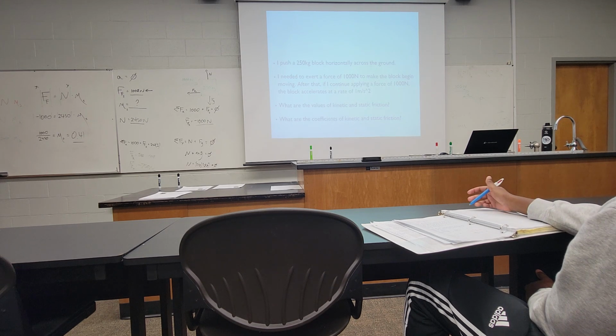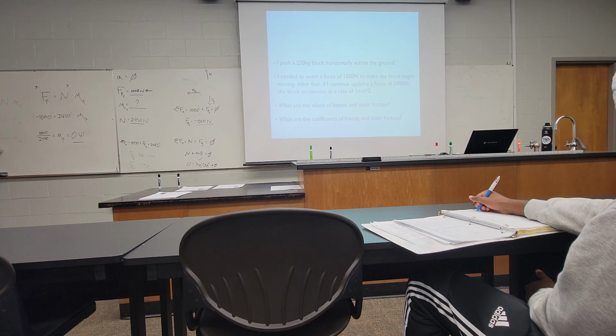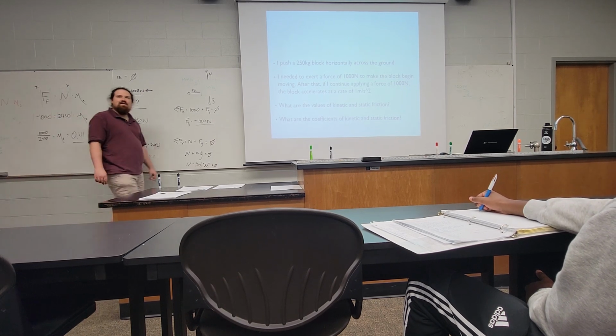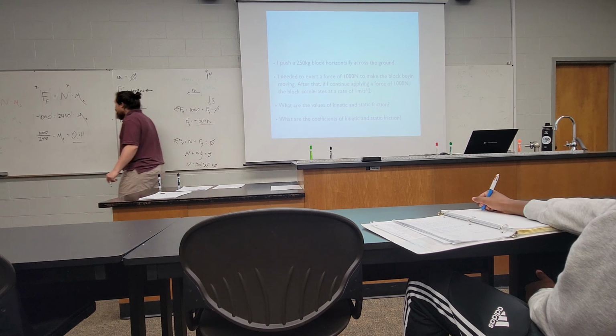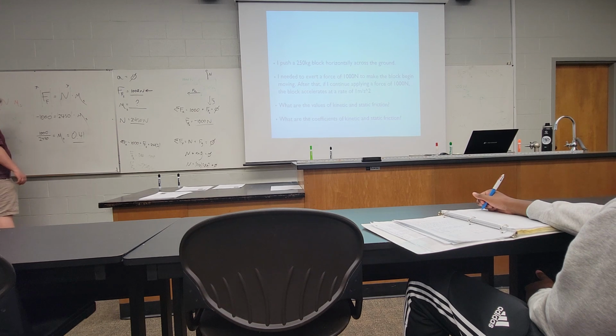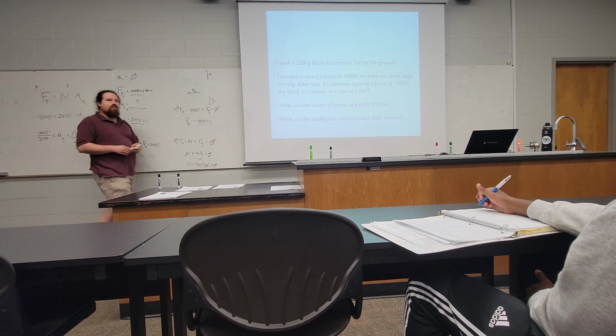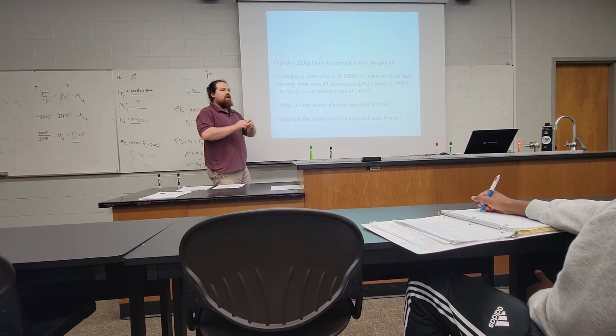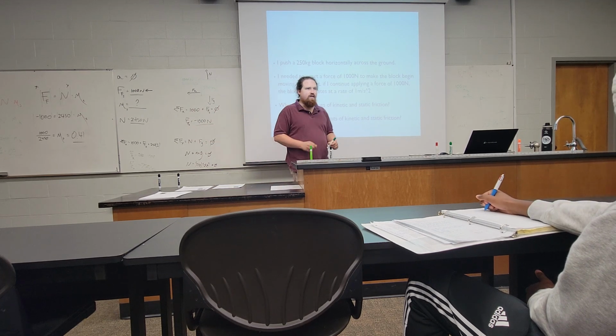Mu k is going to be 750 over 2,450, so 0.3. Approximately 0.3. Notice that not only is the force of kinetic friction smaller, the coefficient of kinetic friction is smaller.